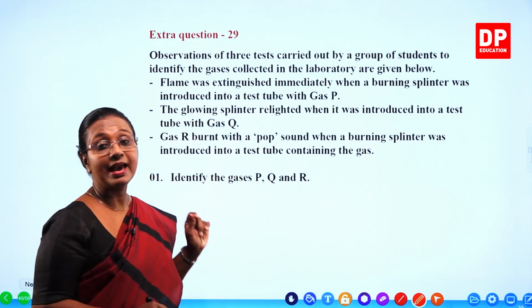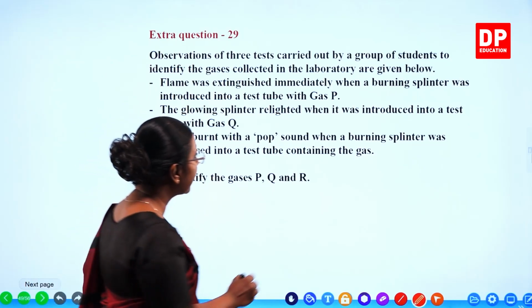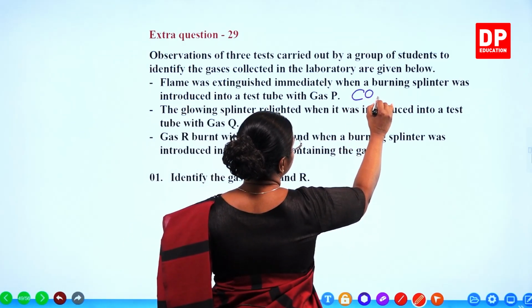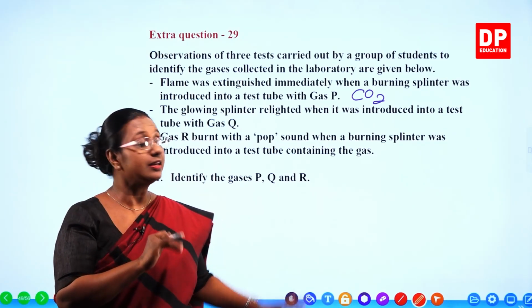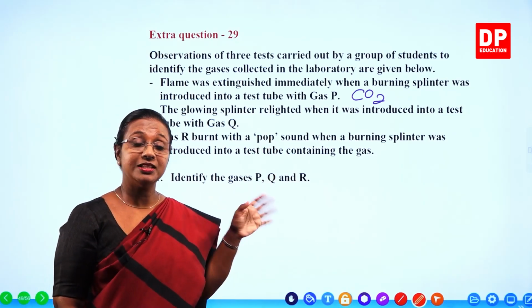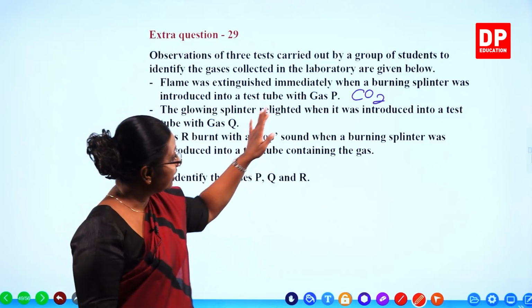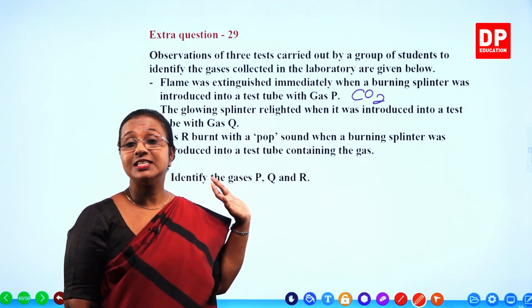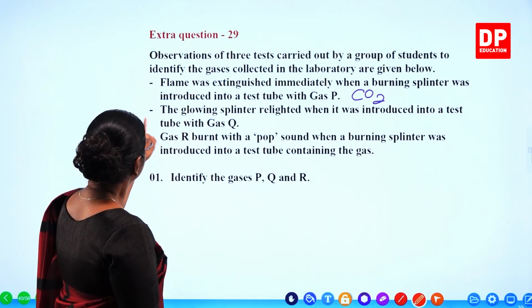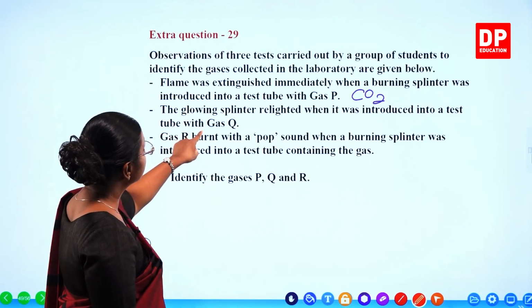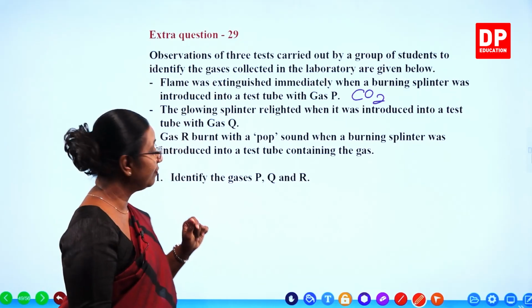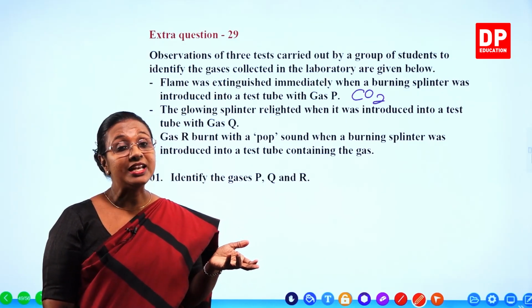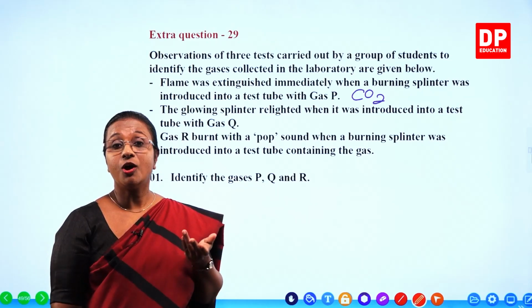So what will gas P be? That is carbon dioxide. So while you read the question itself, students, you should identify the substances that are given. Then it is easy. And if you write it down also, it's easier to answer the questions. Then the next one. The glowing splinter relighted when it was introduced into a test tube with gas Q. So relighted, supporter of combustion, oxygen.